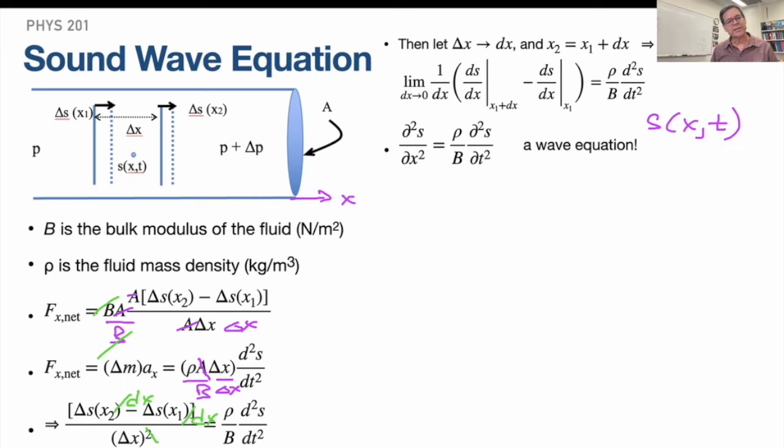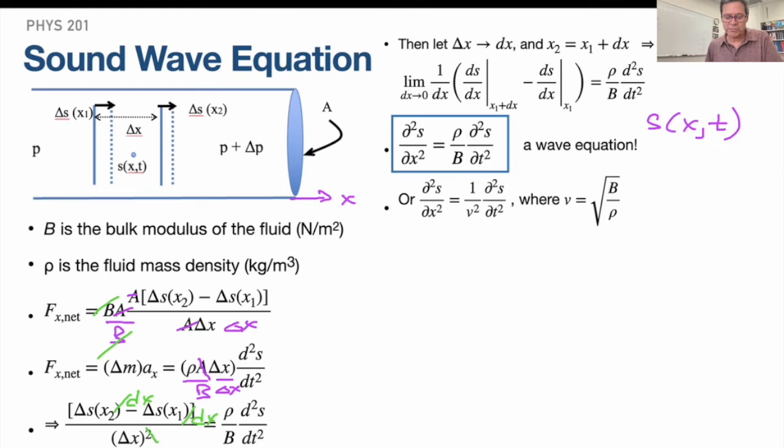And the exciting thing here is that that equation in that form has the form of a wave equation. When I have two spatial derivatives of a function equals 2 time derivatives with some constant up front, solutions to that will be basically sinusoidally traveling waves, and I'll show that in a moment.